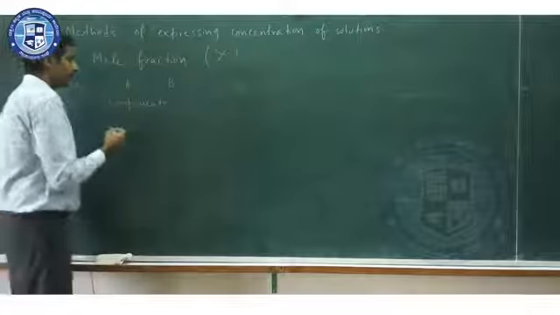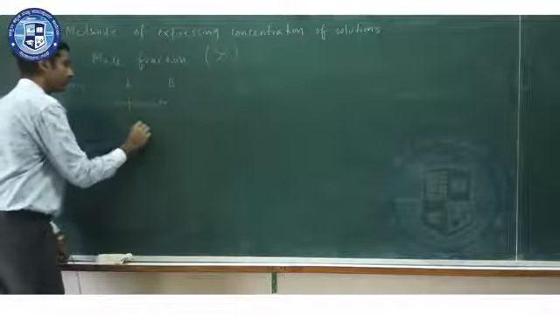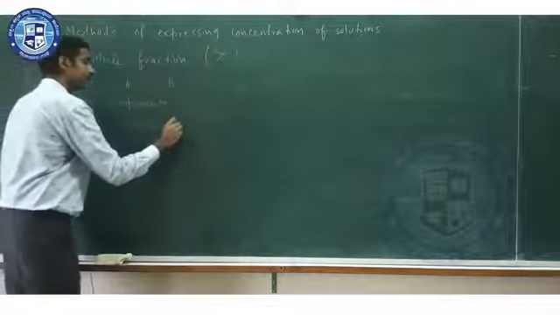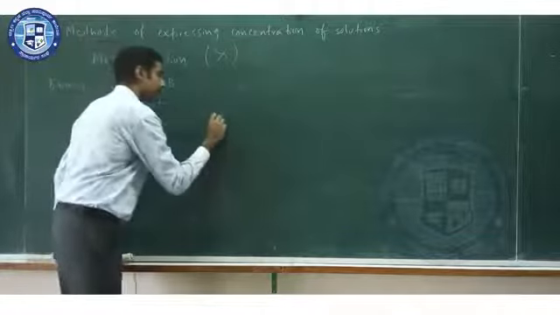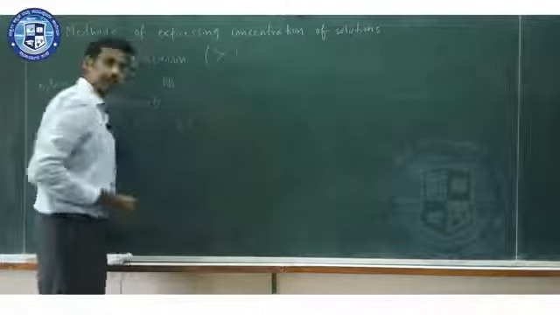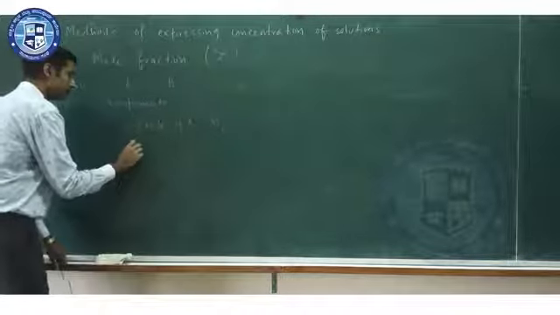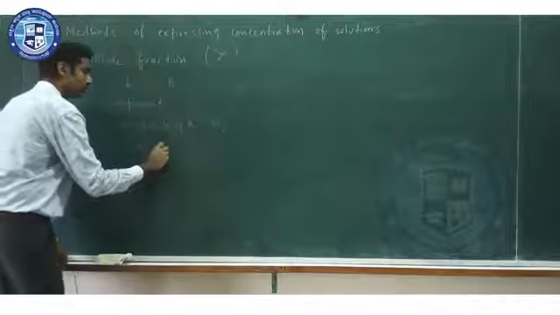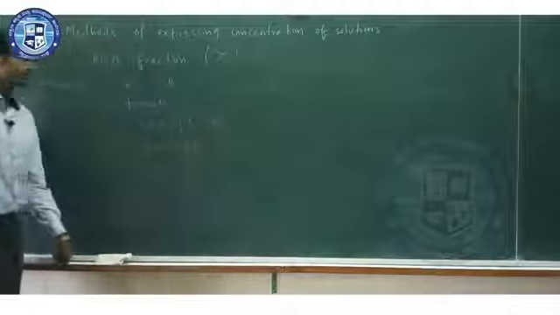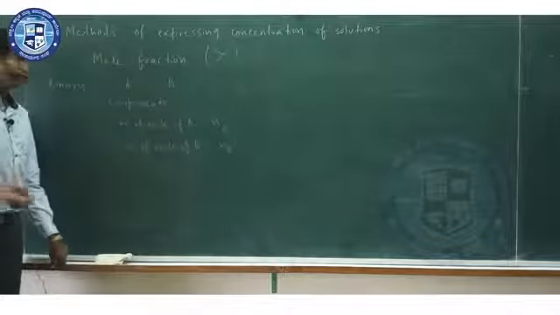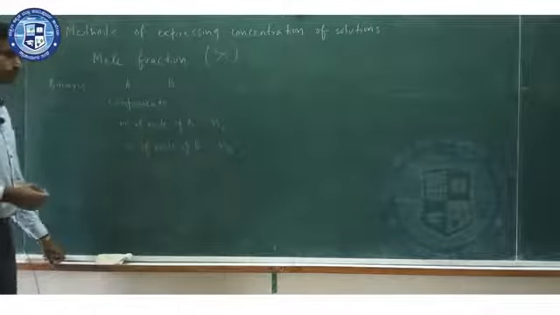I might express the amount of A in terms of number of moles of A. I will write this as N subscript A, number of moles of A. Similarly, number of moles of B will be shown as N subscript B. Now, what do you mean by number of moles? How do you understand the concept of mole?